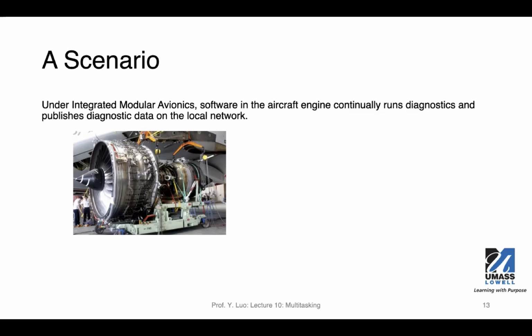These diagnosis data may include the engine status, temperature, the oil tank capacity, all these important metrics about the aircraft. And a lot of other systems will have to respond based on these data metrics.